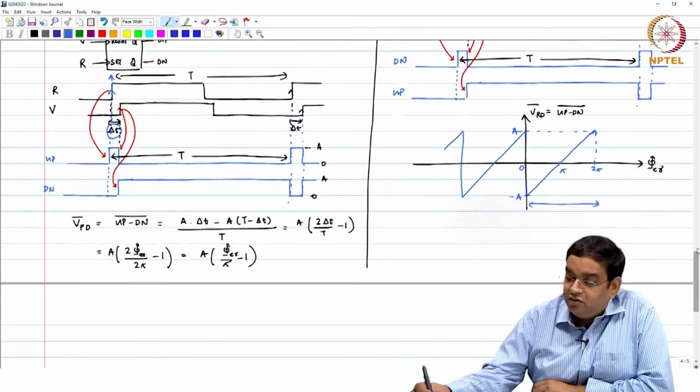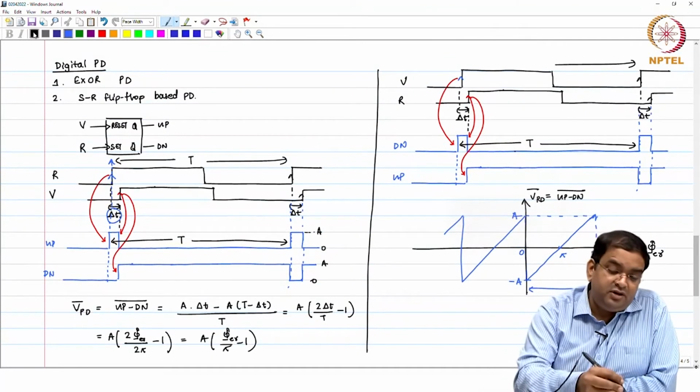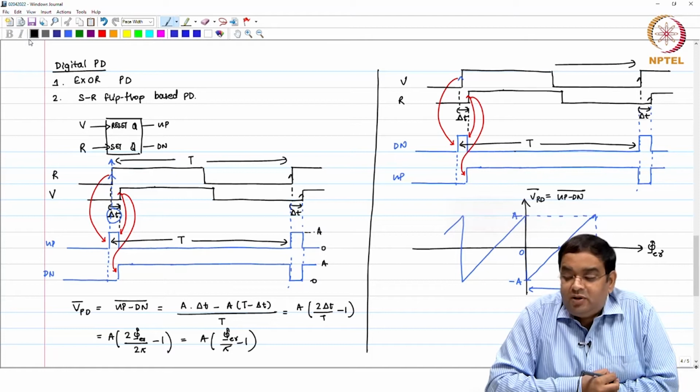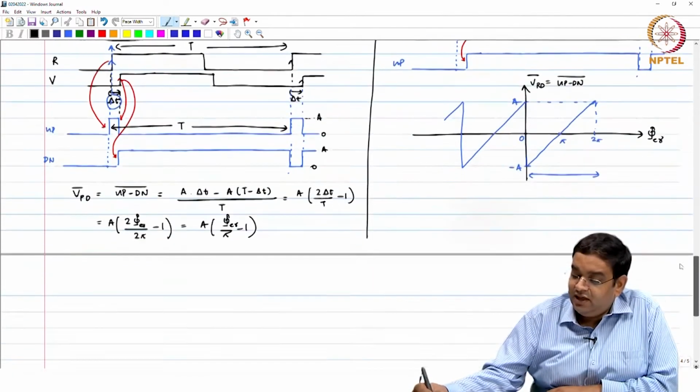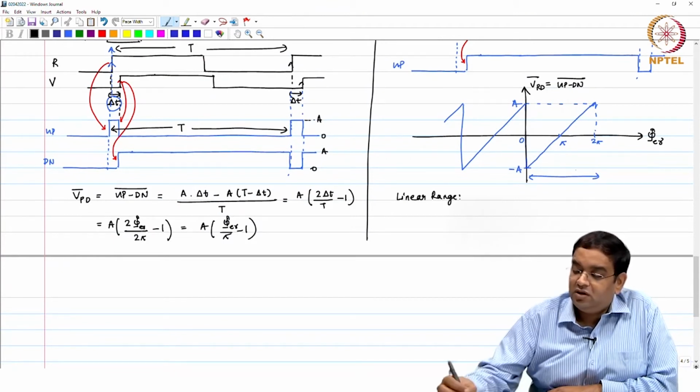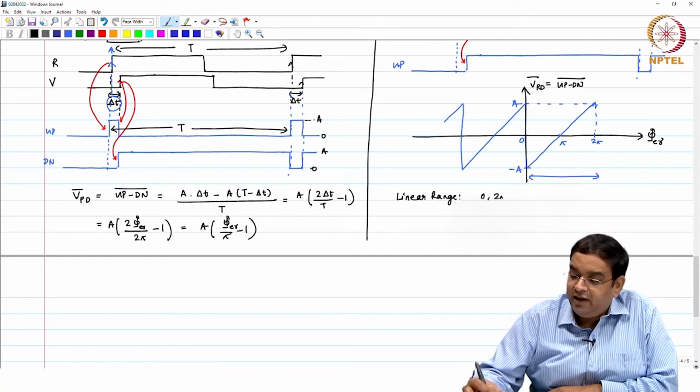Okay. So, the problem which we had previously with the duty cycle of the clocks, between which the phase error is measured, that problem is no more there. Okay. Then the linear range in this case has been extended to 0 to 2 pi.